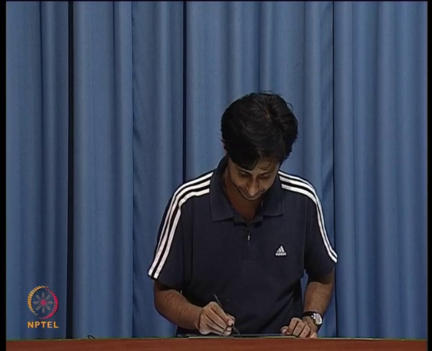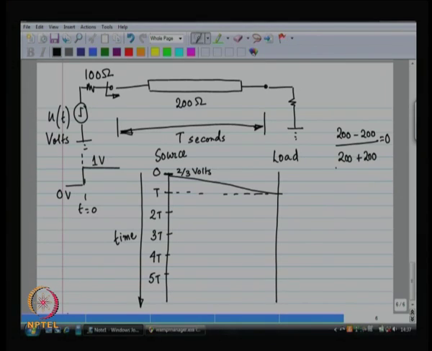What if the load is not 200 ohms? What if the load is 100 ohms? If the load is 100 ohms, then I need to modify my computation of the reflection coefficient. 100 minus 200 by 100 plus 200, and that is going to give me minus 1 by 3.